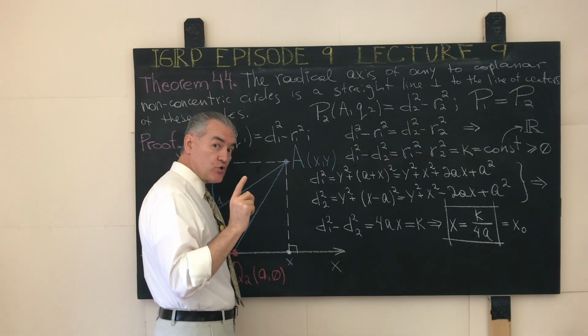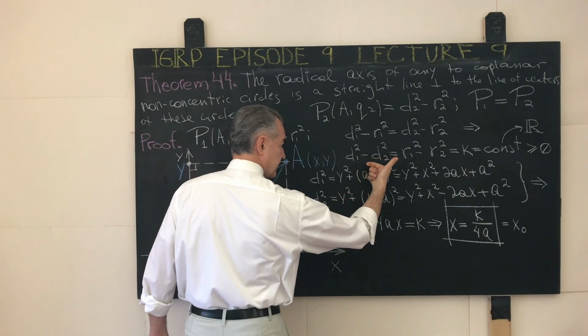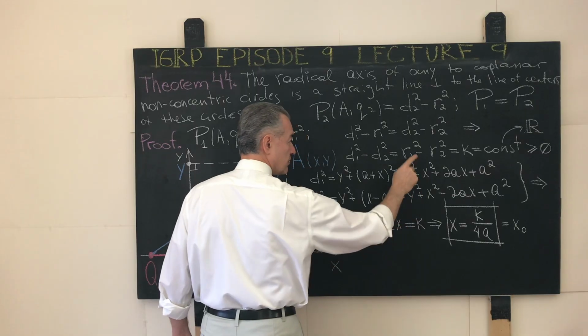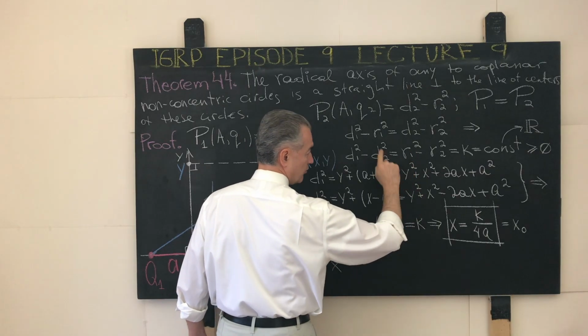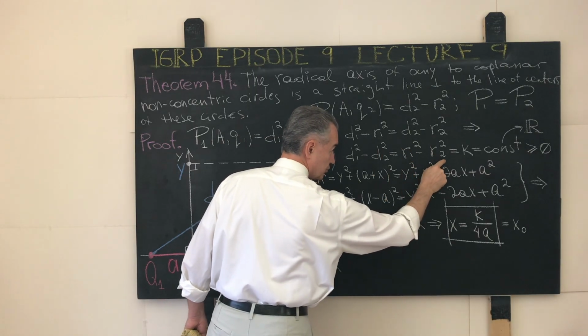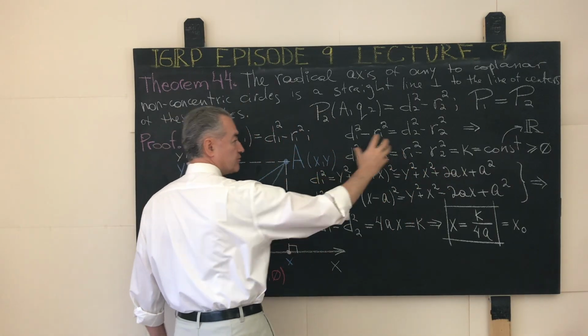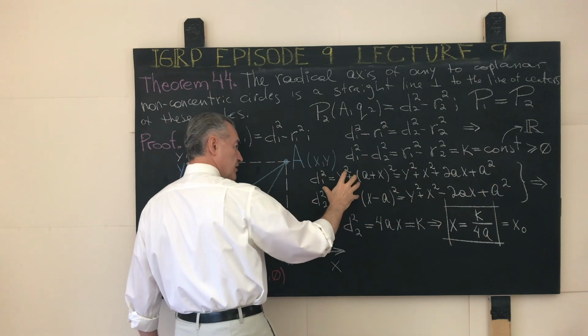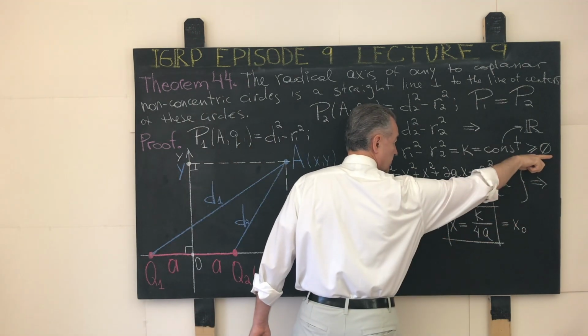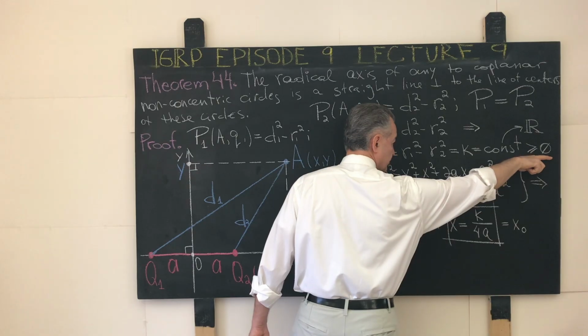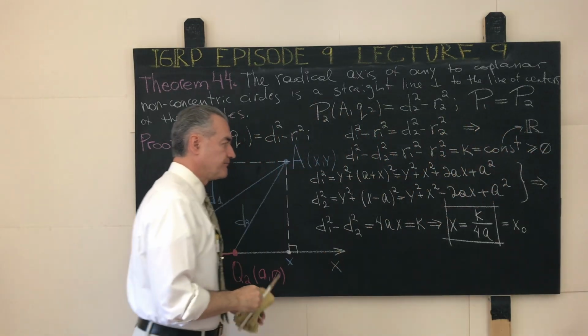Well, uniformly, we swap the indexes, or basically rename. The circle that used to be 1 now becomes circle 2. The circle that used to be 2 becomes 1. And voila, we have a smaller square subtracted from a larger square. The requirement that this number is greater than or equal to 0 is honored anyway.